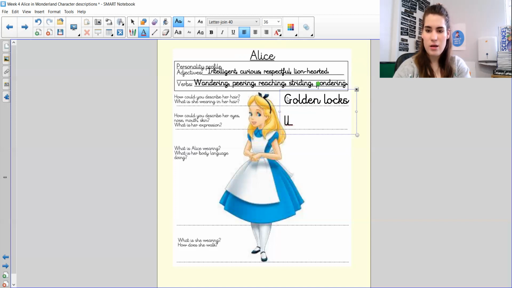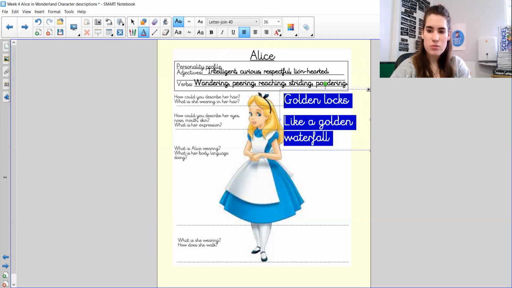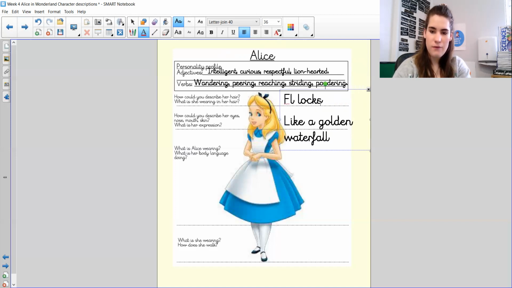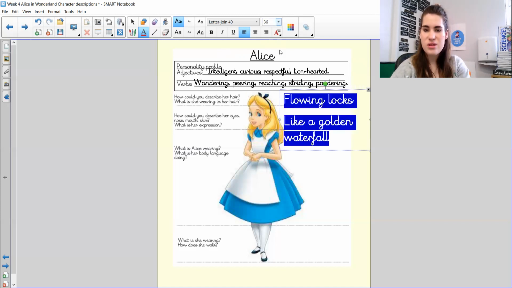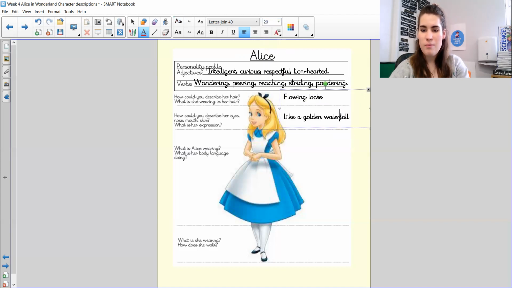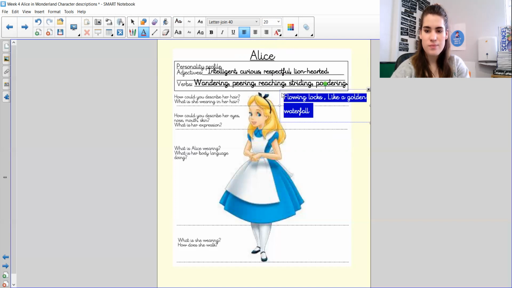I could say like a golden waterfall. Maybe I should change this to flowing locks like a golden waterfall. Okay, this isn't a sentence. It doesn't make sense. It's just me jotting down my ideas at the moment. So you don't need to be writing sentences with full stops. You are just writing some notes.